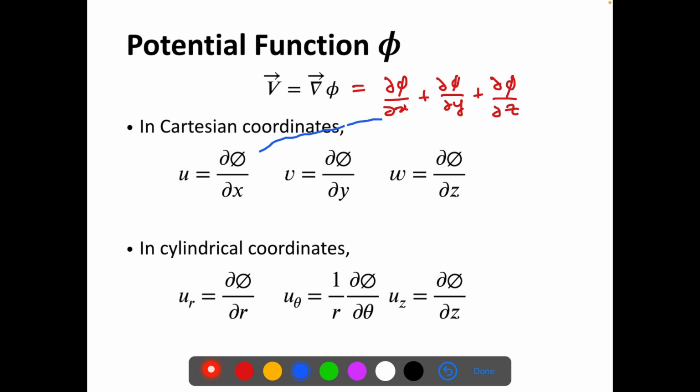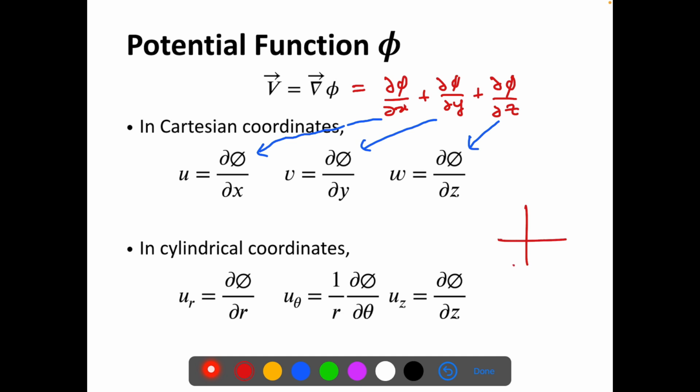If I write it here, this one is for U, this one is for V, and this one is for W. For cylindrical coordinates, we have U R, U theta, and U Z. I hope you understand what is meant by U R, U theta, and U Z.